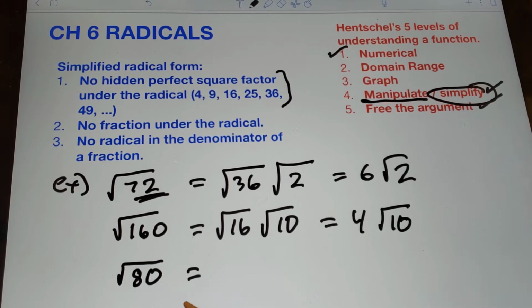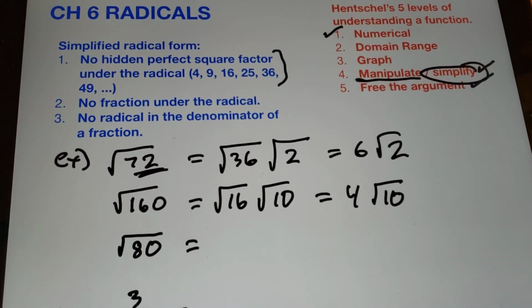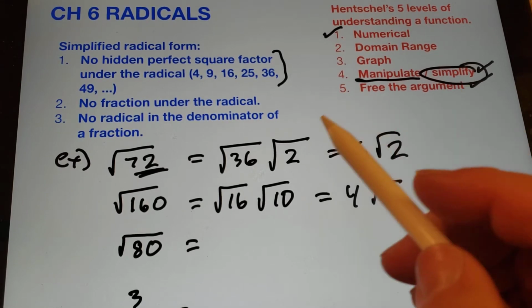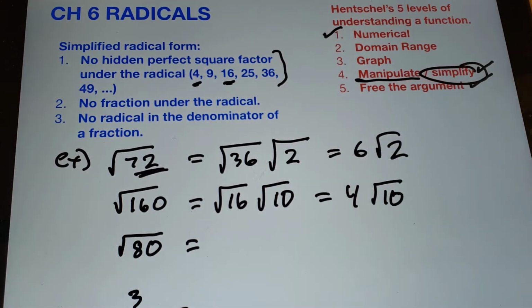All right, 80. I said there's an easy fix. Okay. What is the hidden perfect square? There are actually 2 hidden perfect squares in 80. There's 4 and there's 16. In other words, 80 is 4 times 20, but 20 is no good.